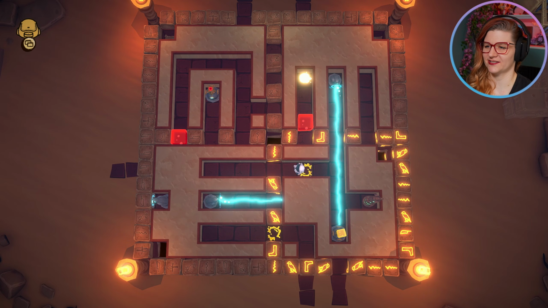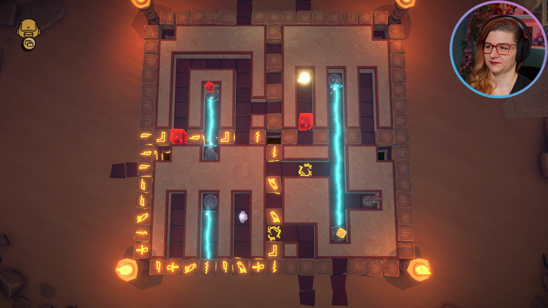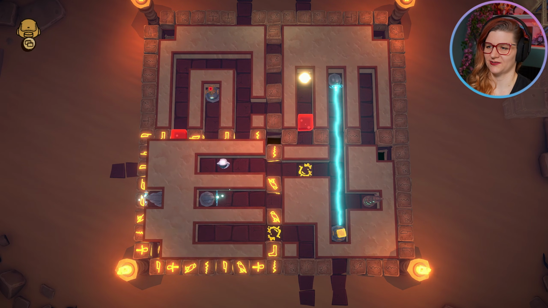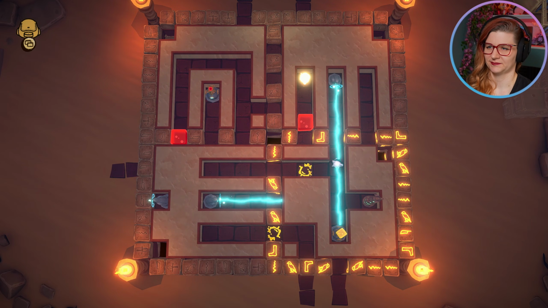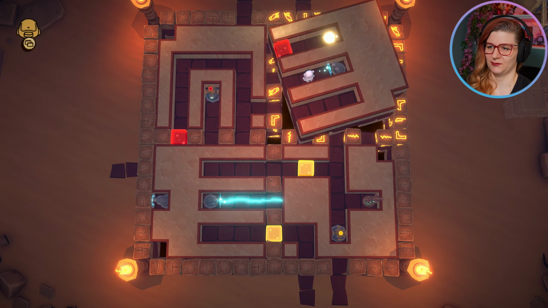Okay, we can get the laser here, get the yellows eliminated. We can get the reds eliminated like that, but then we're stuck, so that doesn't help. Here we're stuck.